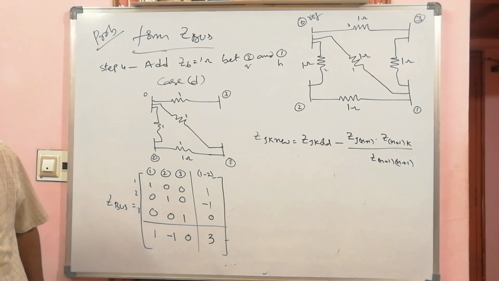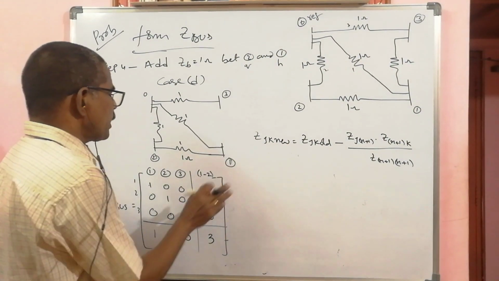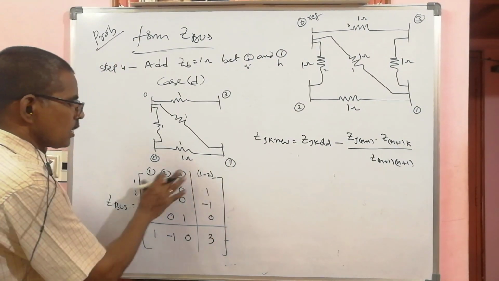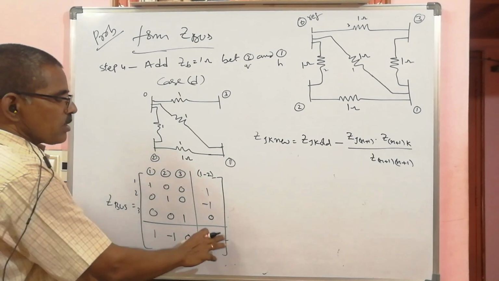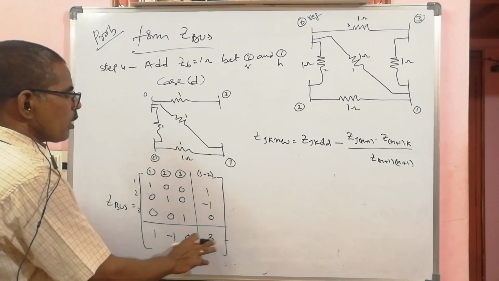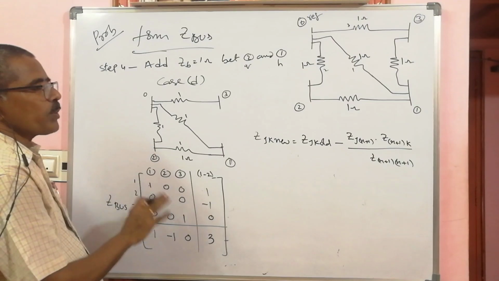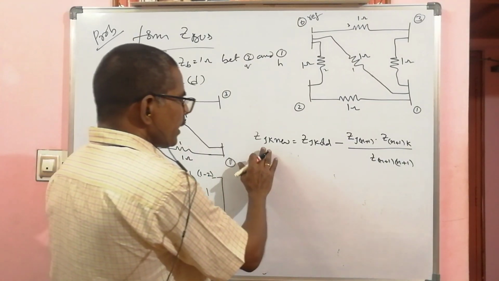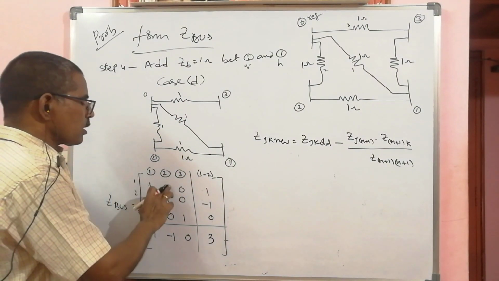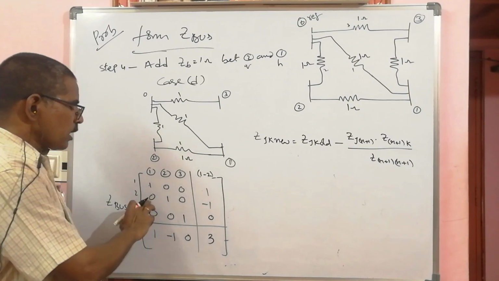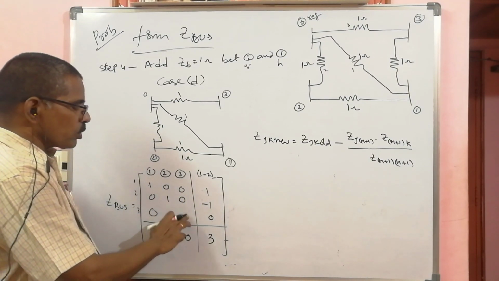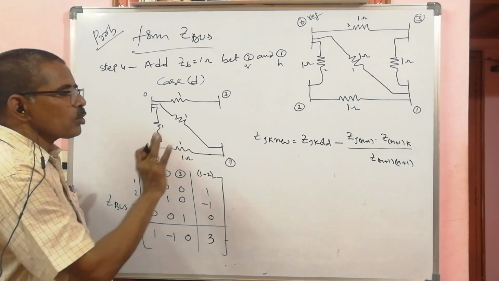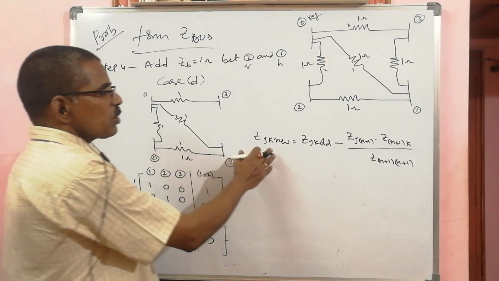Right. So how many are to be changed now? Temporarily you increase the size to 4 by 4, but what we want is this to be reduced to 3 by 3, so that each value, that means Z11, Z12, Z13, Z21, Z22, Z23, Z31, Z32, Z33, all these values are to be modified using this formula.